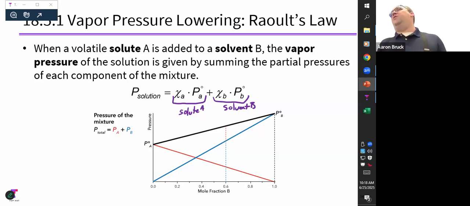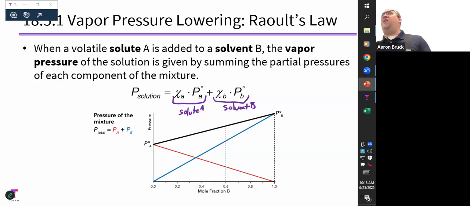This sounds a little bit familiar to you. Think back to the end of Chem 105. In the gas laws, we talked about Dalton's law of partial pressures, which said that the pressure of a gas mixture was just the sum of the individual pressures of all the individual gases that make it up. This is no different.